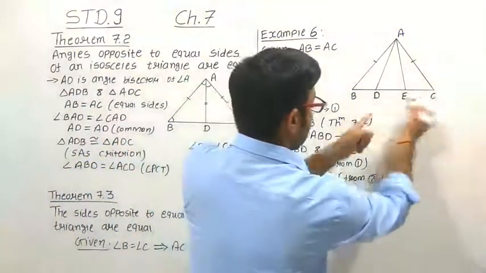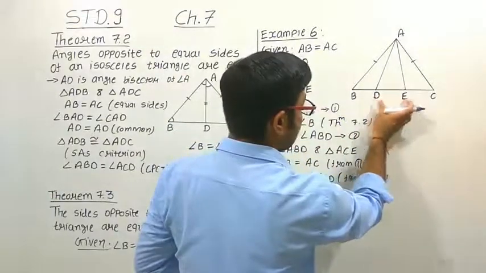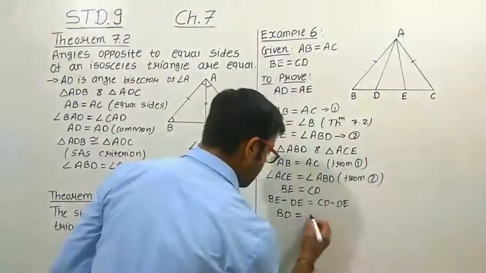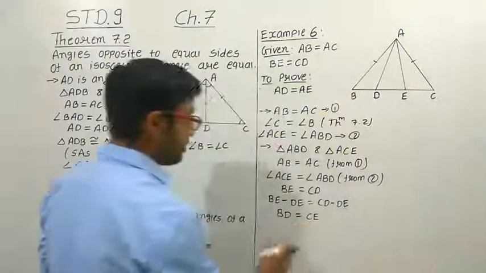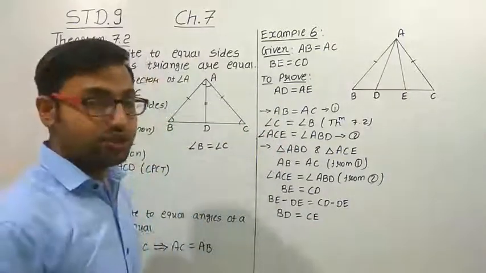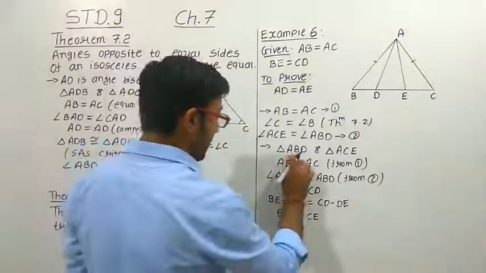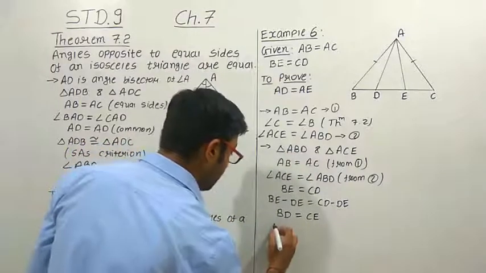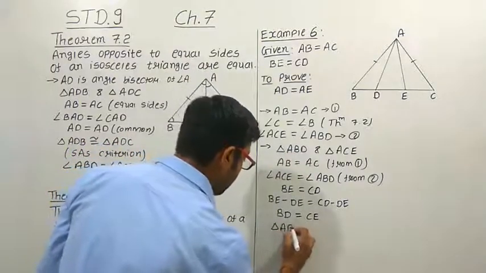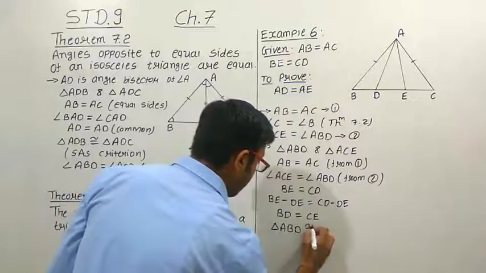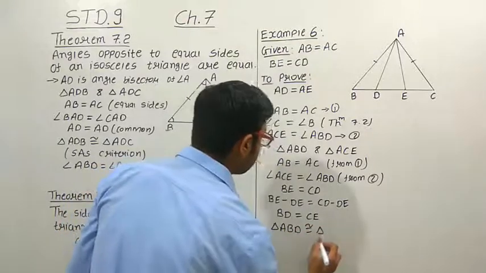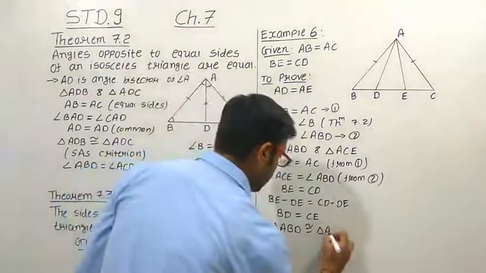Now CD minus DE, what remains? CE. So this will be our third condition. Now see, we can write down that both these triangles are congruent. Triangle ABD is congruent to triangle ACE.